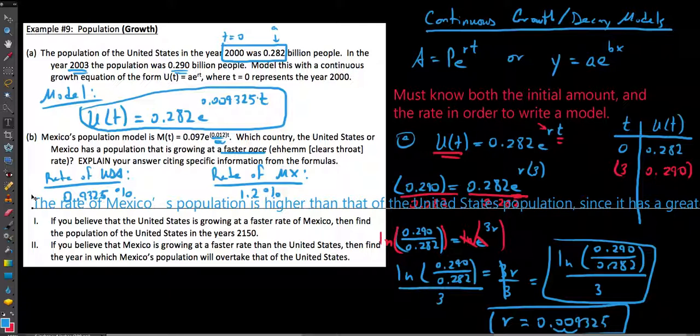Sorry that I couldn't fit all that in there, but if I was writing this by hand, I would cite specific information here. And so I would say Mexico's rate of population is 1.2%, whereas the United States population is 0.9325%.